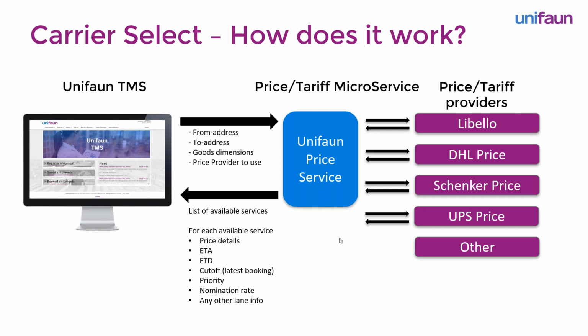This is used for Carrier Select, of course, which you will see, but it's also used for automatic price, where we use the same tariff. All the work you've done in making sure that your tariffs have high data quality, you will also have benefit if you use automatic price. Automatic price will save tariff information for each of your shipments as soon as they are booked or saved.